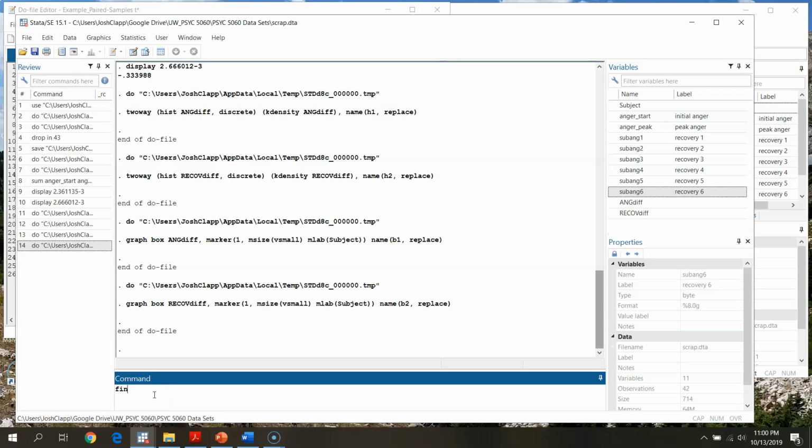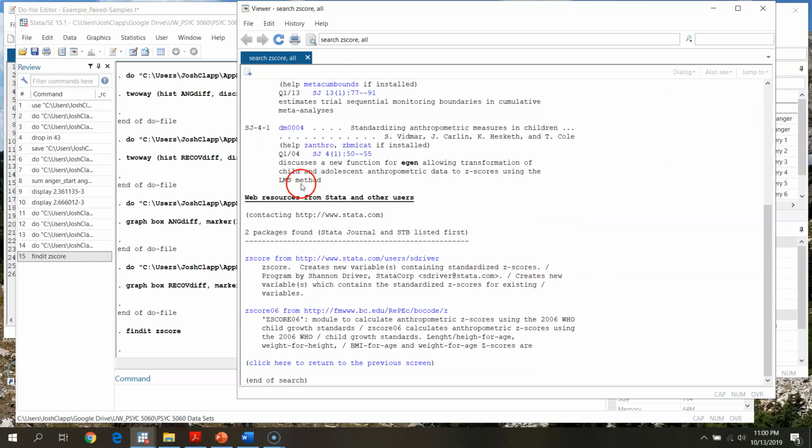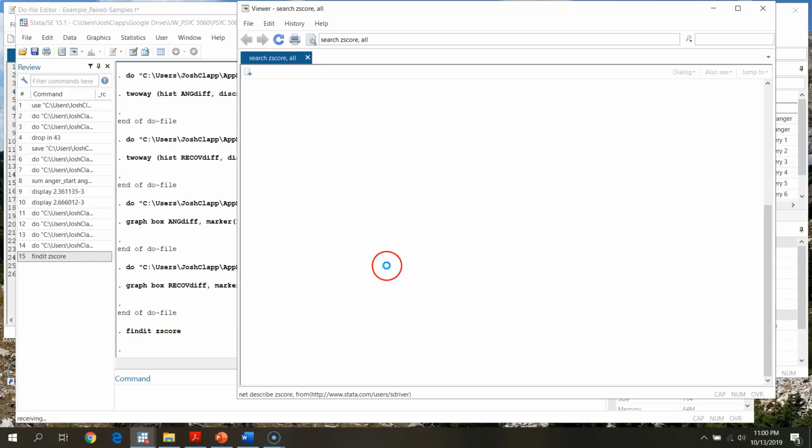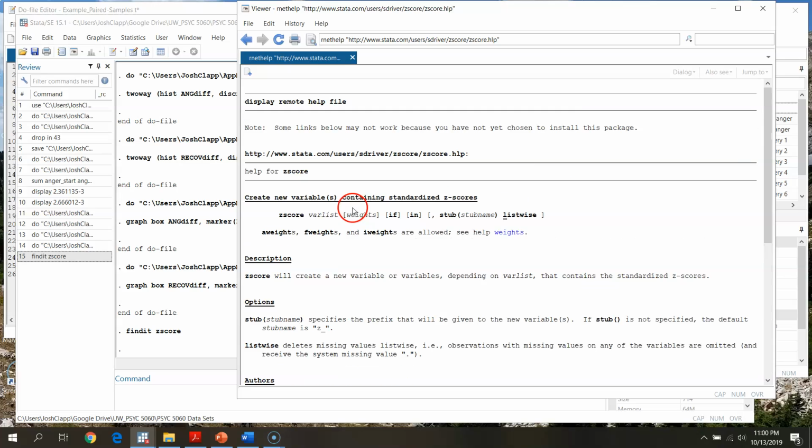So if I were to go find it, z-score, Stata is going to go through and search different programs. If I scroll down to web sources, here's my z-score package. If I hadn't downloaded that already, I could just click it there and it would install it. Again, help resources, things like that.